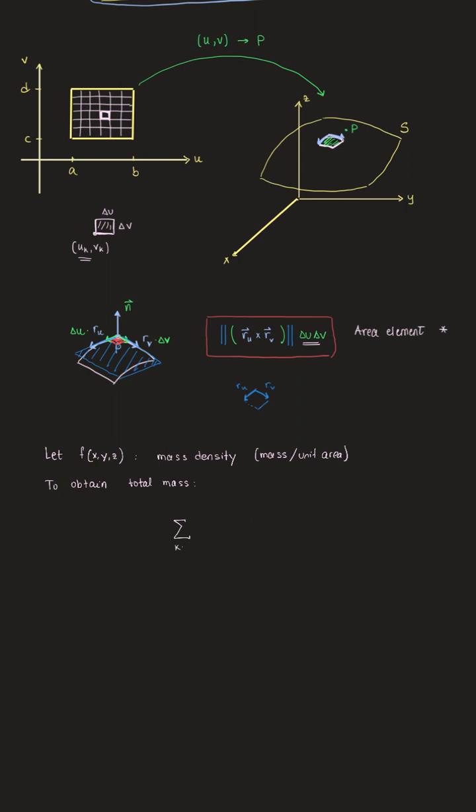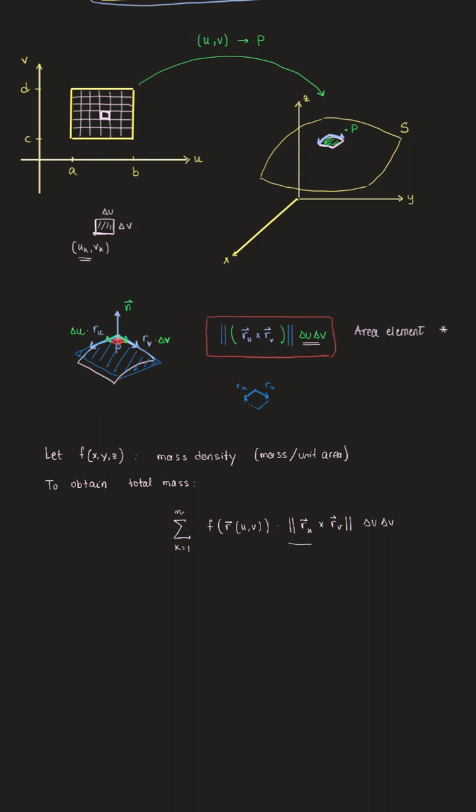Let's say that I have k little parallelograms, and I evaluate my function over the surface, and I multiply that by this little area element, the magnitude of the partial of r with respect to u cross the partial with respect to v, times delta u delta v.